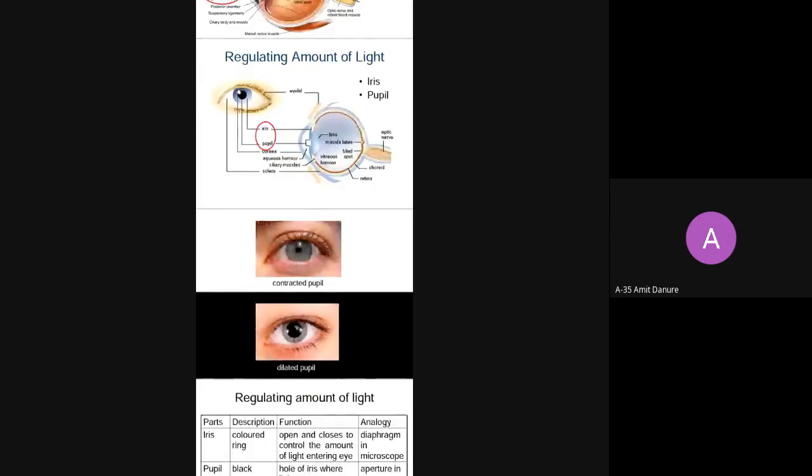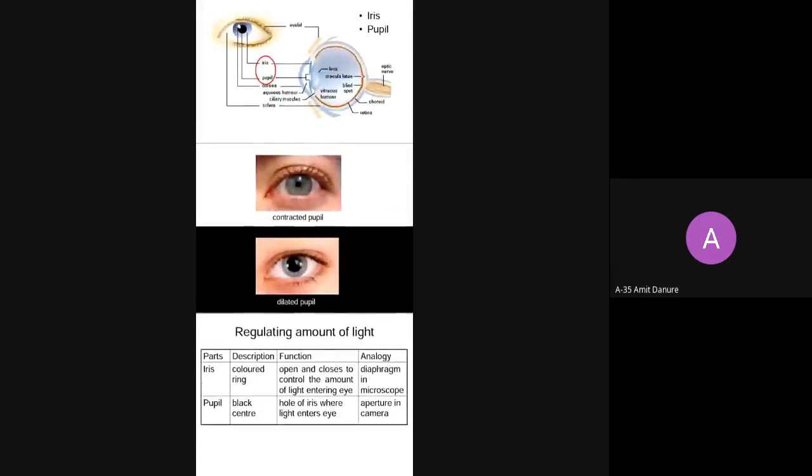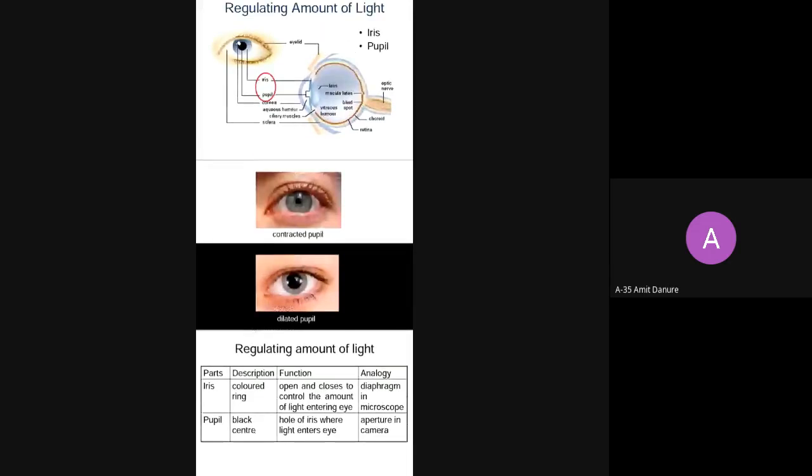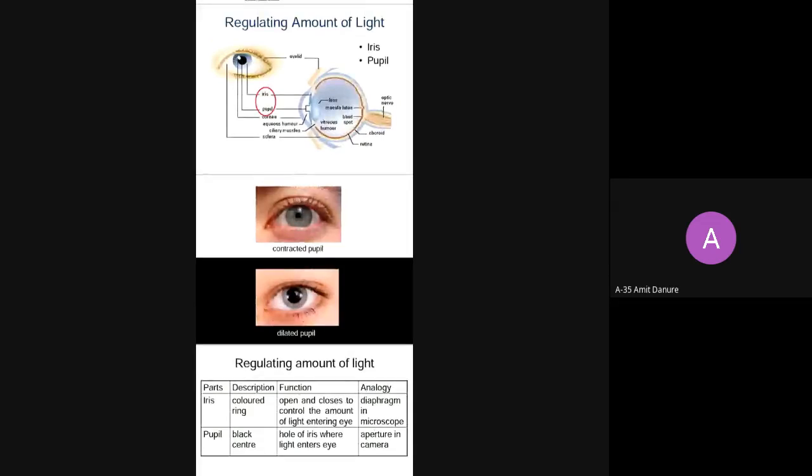Okay, so there are two types of pupils. As we observe our eye, if the inner black dot is small, that is called a contracted pupil, and if the inner part is too big, that is called a dilated pupil. In our human eyes, we can observe both types of pupils.